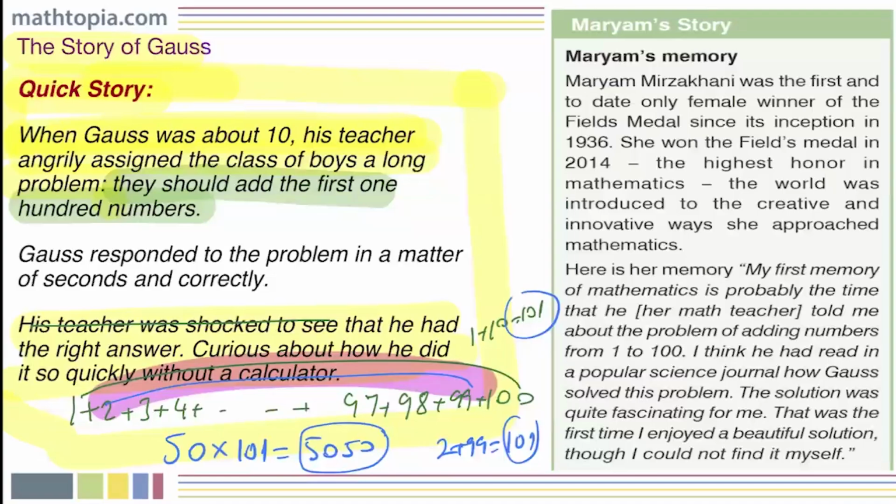When Maryam was in 6th grade in Iran, her teacher told this story, because Gauss was 10 years old, which is usually the same age, right? And then she heard this story.